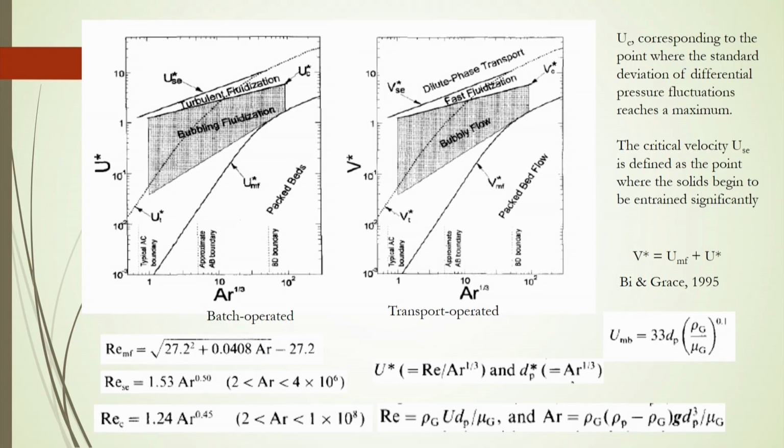Another type of fluidization regime: here you can see bubble operated, here Bi and Grace 1995 have given this fluidization map. Bubble operated and transport operated, two types of fluidization map they have presented here, and these are the lines where you can get the transition points.